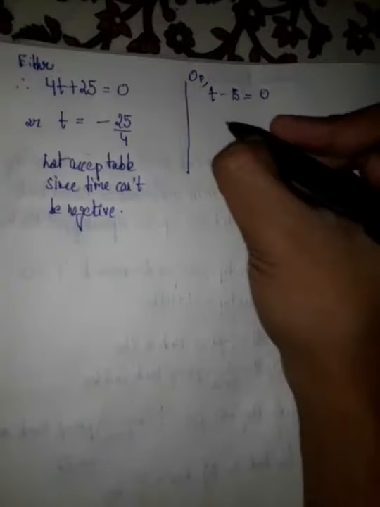Okay, so from here we will find t minus 15 equals 0, so t equals 15. So this is the accepted one.